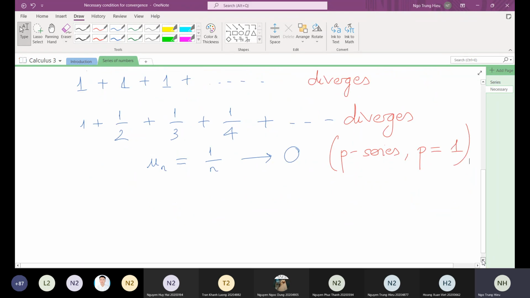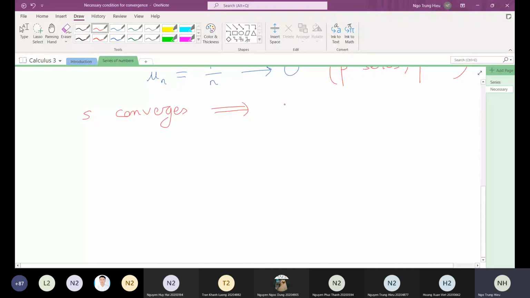So remember that this implication: S converges implies u sub n goes to 0. Right? However, u sub n goes to 0 doesn't imply that S converges. Remember that.